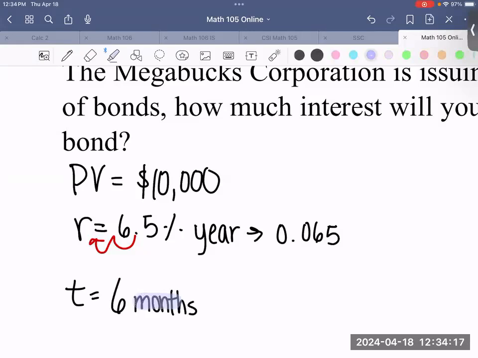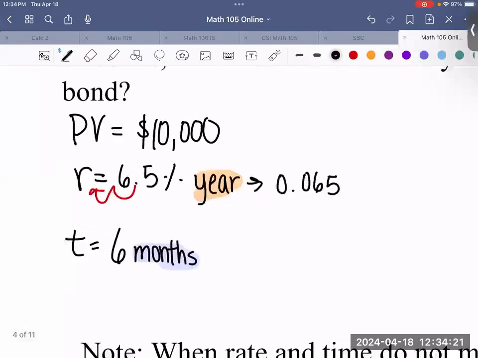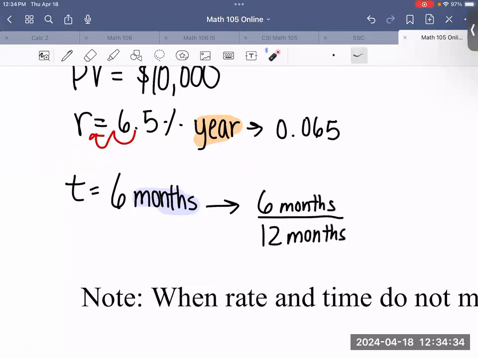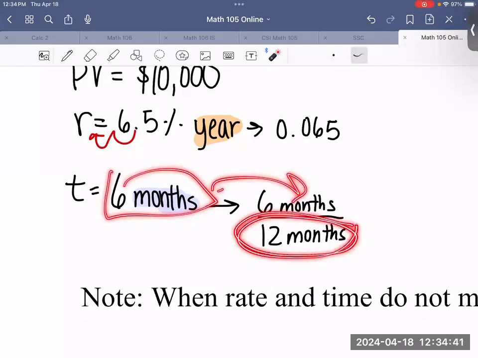So we have a clash, we have months, we have years, which means we need to make a conversion. So 6 months, and there are 12 months in 1 year. Now notice that whatever you have, even if it's days or weeks, you're going to put your value up here and then divide by however many like value it is in a year.